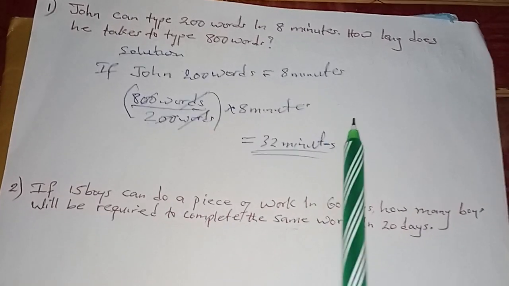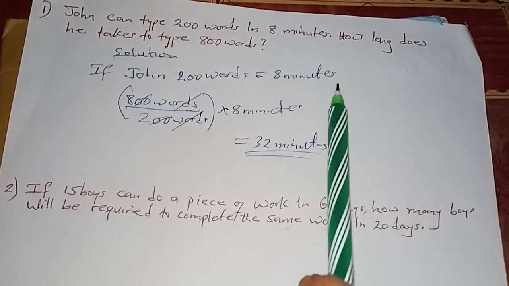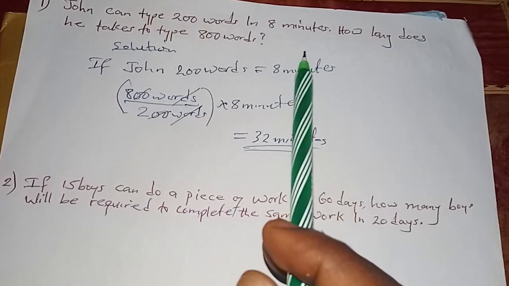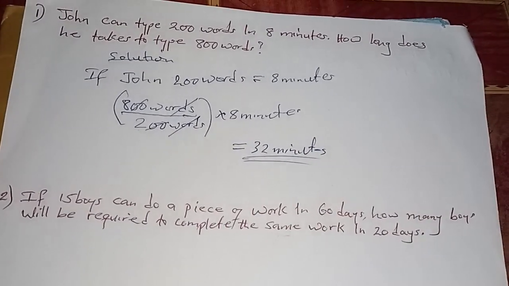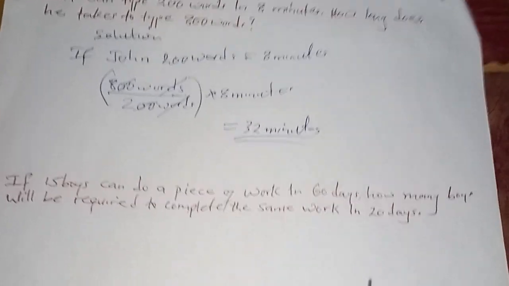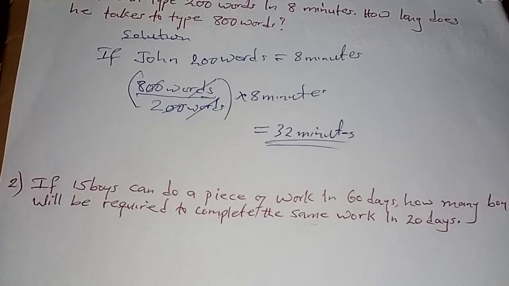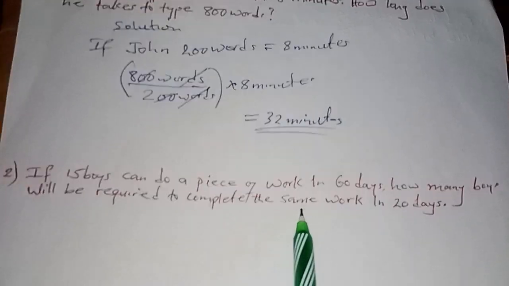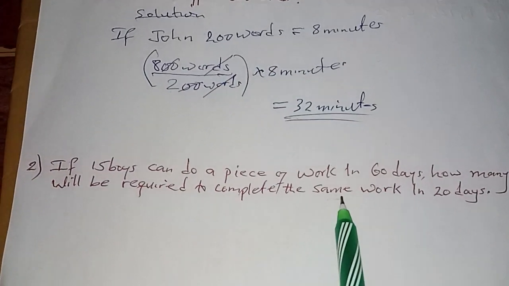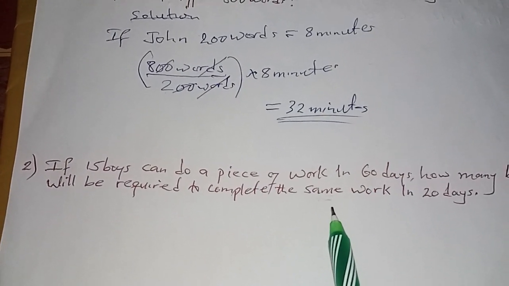If you don't see same in the problem, it's definitely direct proportion, because most times it will ask you the amount of persons that can do that same job. So we see the word same, so directly we know it is indirect proportion.